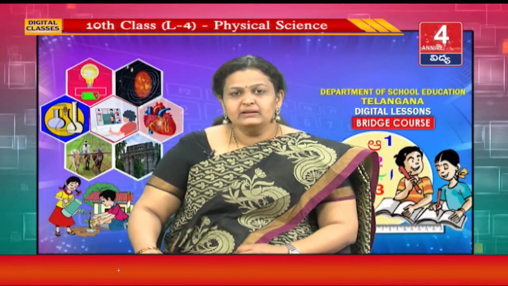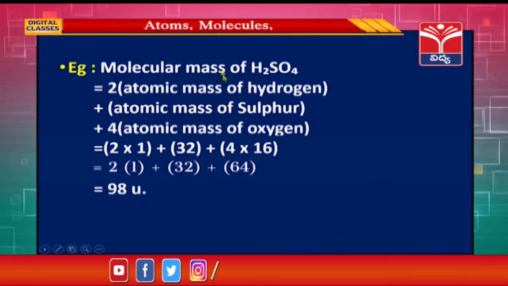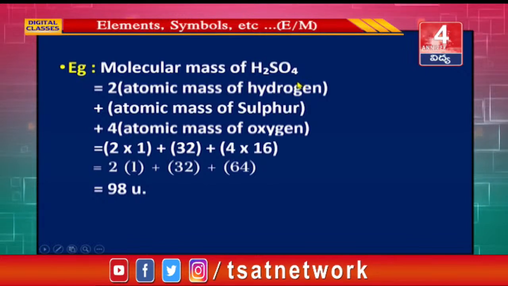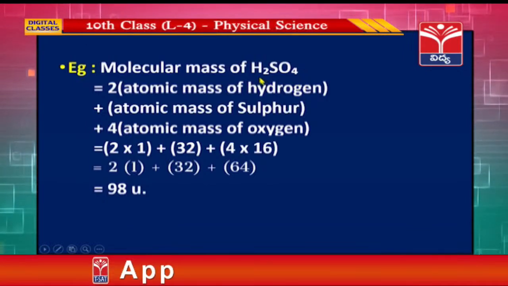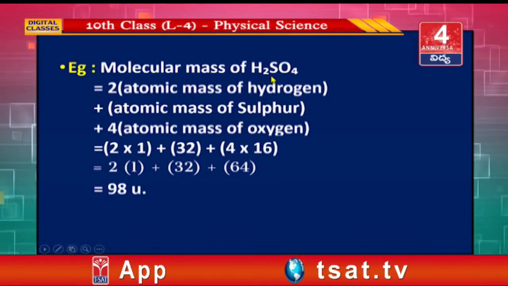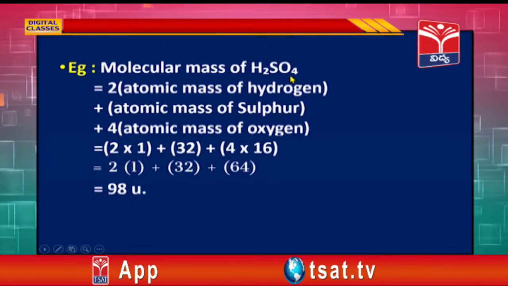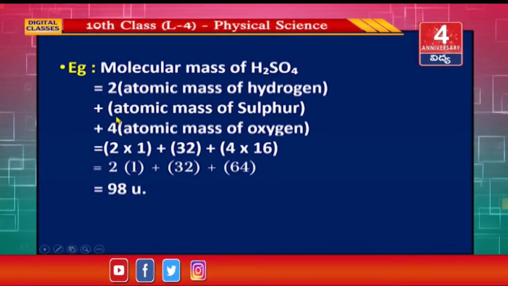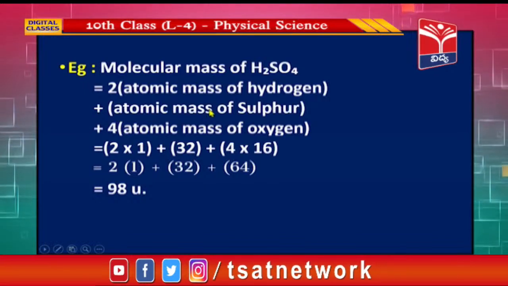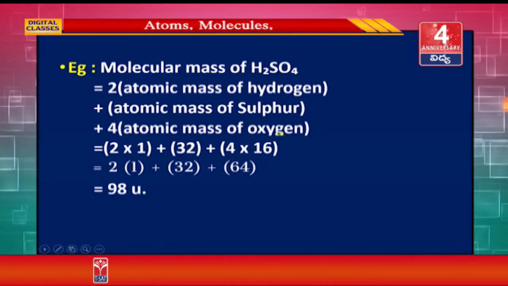For example, let us consider H2SO4. What is it, children, H2SO4? Yes, it is sulfuric acid. So, here H2SO4 consists of 2 atoms of hydrogen, 1 atom of sulfur and 4 atoms of oxygen. So, we will write it as 2 into atomic mass of hydrogen plus 1 atomic mass of sulfur plus 4 into atomic mass of oxygen.